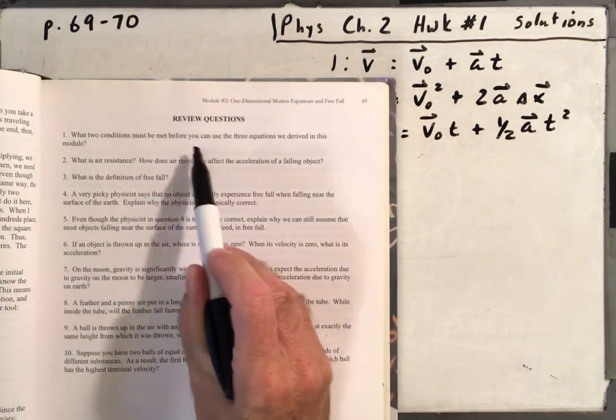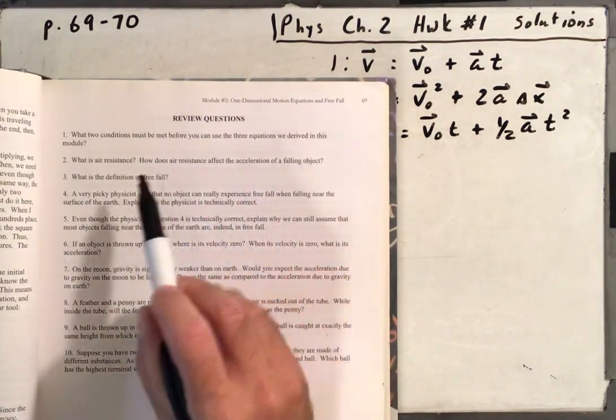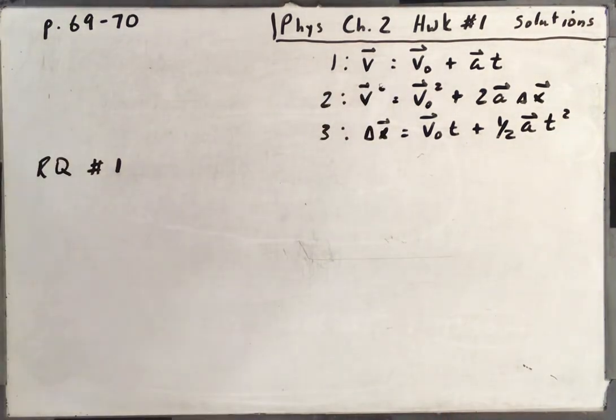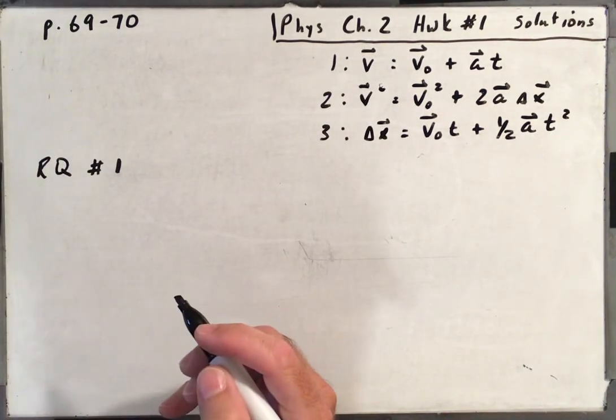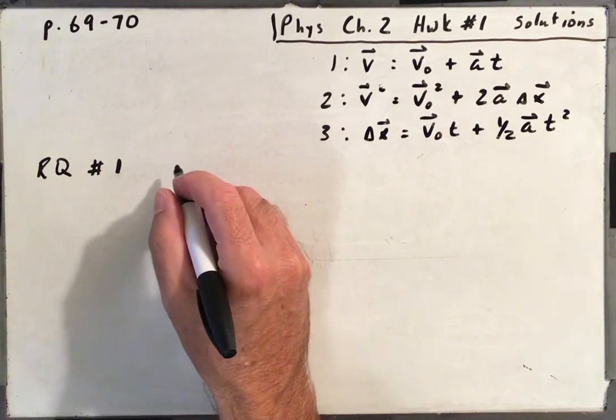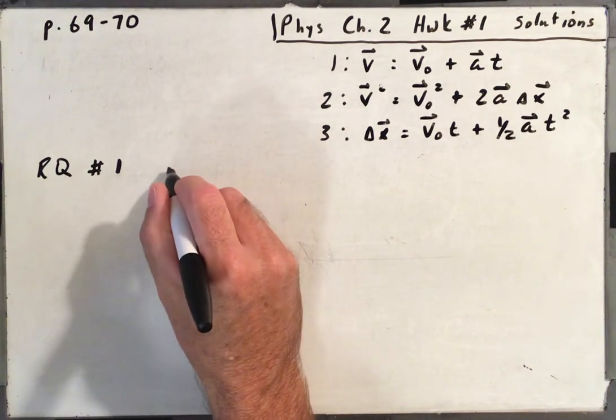And that one says, what two conditions must be met before you can use the three equations we derived in this module? Well, this is on page 1 of your notes. You have to have motion in a straight line.